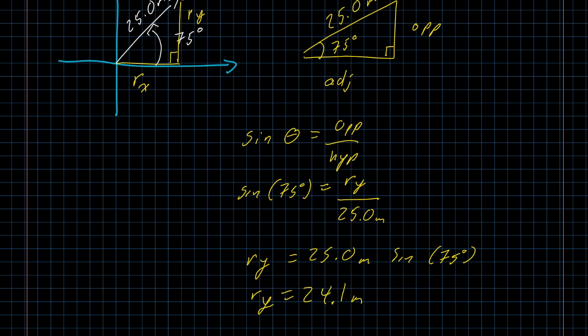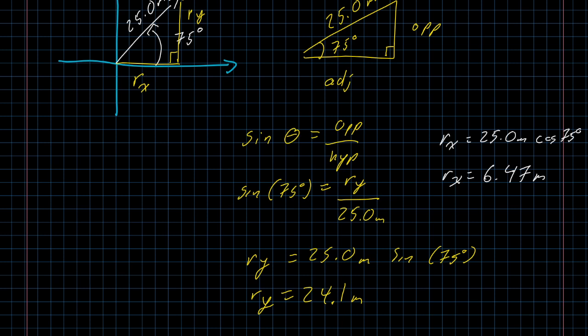There are rules for dealing with significant figures for angles, but I'm just going to stick with, this had 3 significant figures, so I'll go with 3 significant figures and I'll call that good enough. Very similarly, I can figure out that r_x is going to be that 25.0 meters times the cosine of 75 degrees. And my calculator is going to be very happy to tell me that that comes out at 6.47 meters.